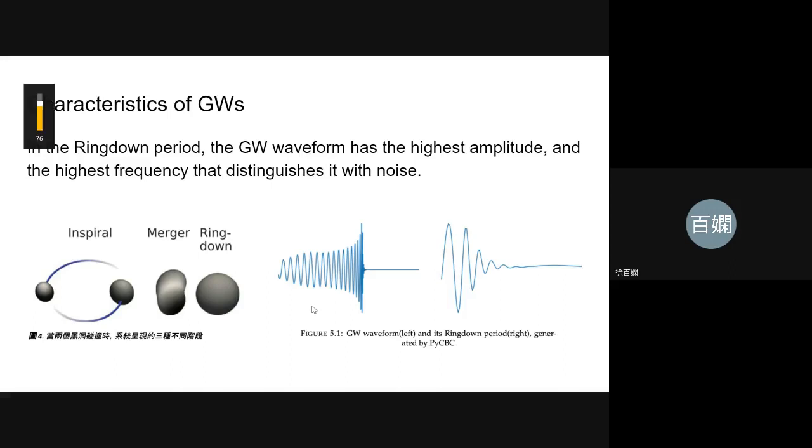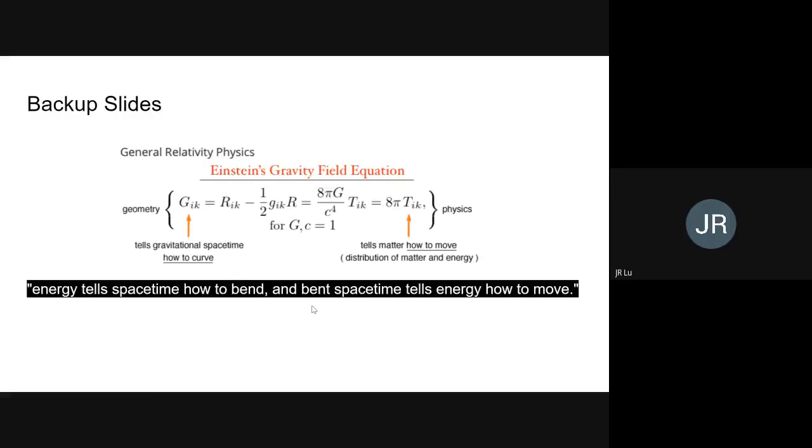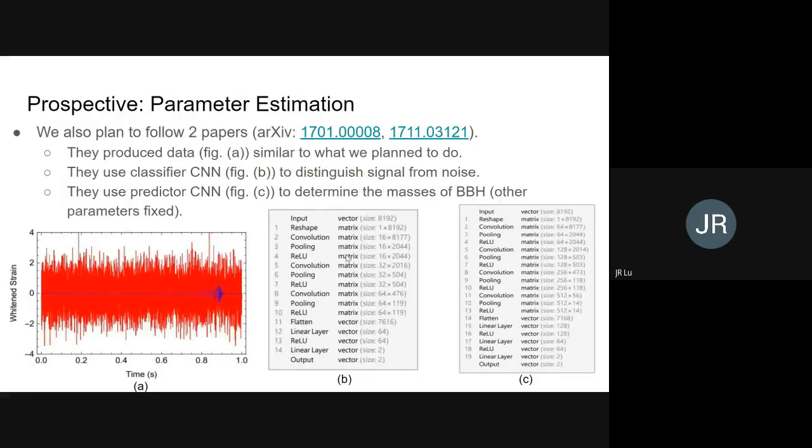Just one quick question on your plan. You mentioned you're going to follow a couple of references. Do you also plan to use CNN, or do you have other machine learning models in mind you want to try out? Actually, we plan to use CNN and follow the models listed in the paper. Okay, so you also plan to do the parameter estimation on the masses of the binary black hole system? Yes.